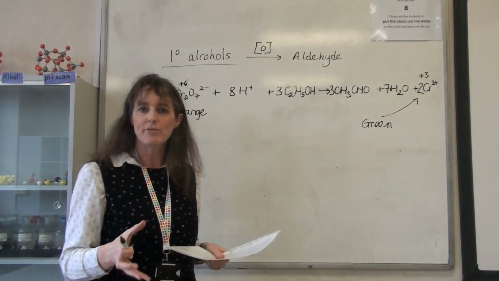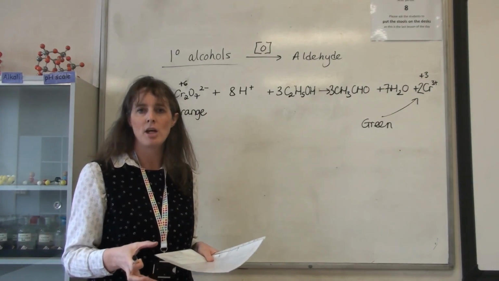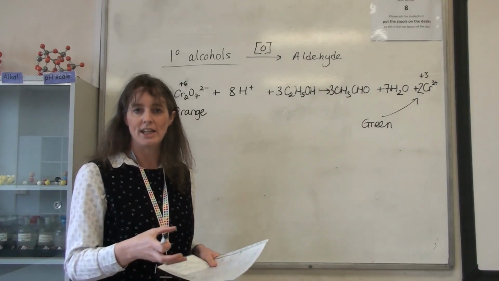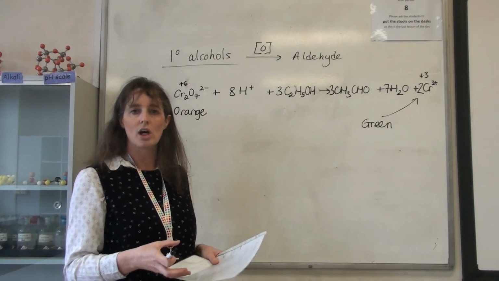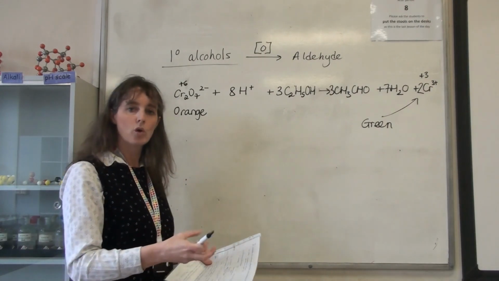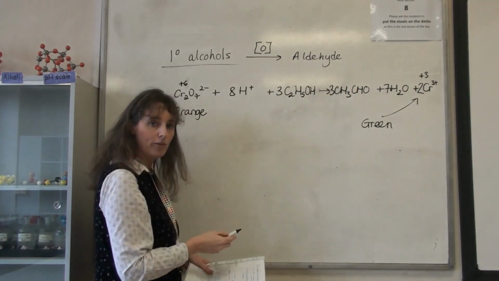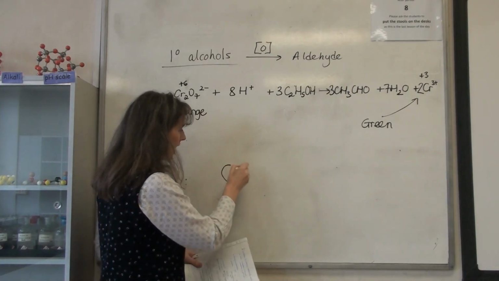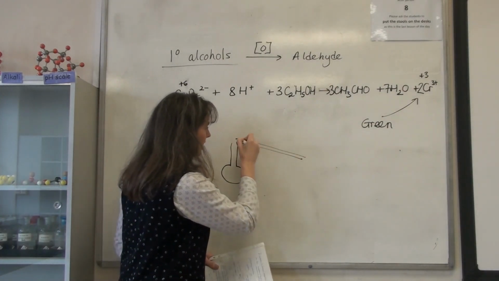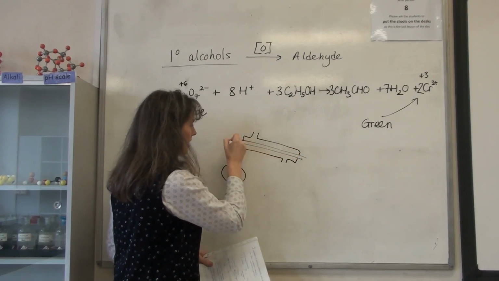Because the objective would be, if you don't want it to further oxidise, and I'll talk about that in just a moment, you would need to get it away from the oxidising agent in the flask alongside the ethanol. So as it forms, you can have it in a flask and you can distill it off. So remember, with the distillation apparatus, you want the Liebig condenser to come out to the side, like that.